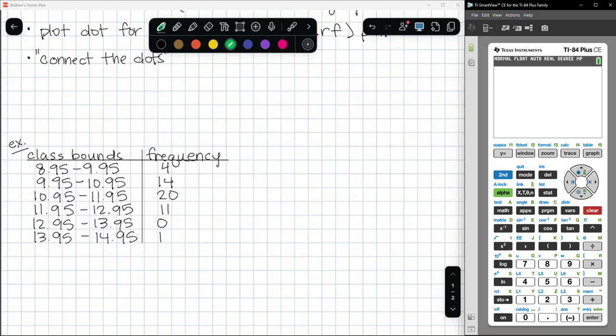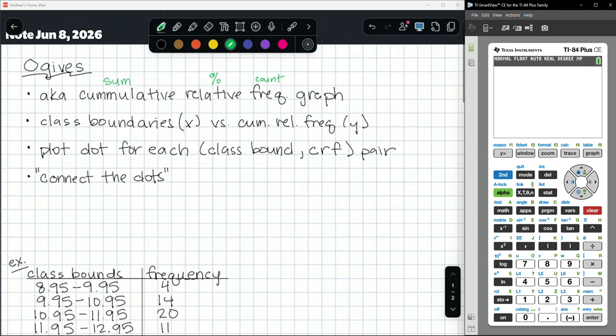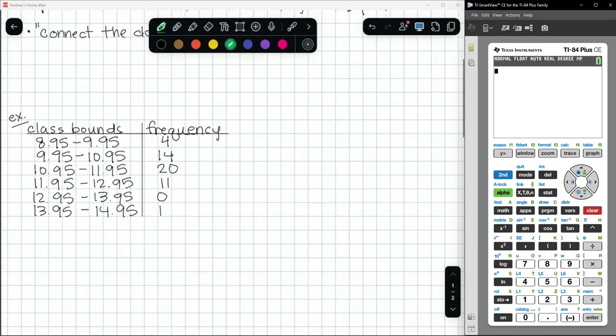All right, so what I'm going to do is I'm going to do two things. First, I know cumulative relative frequency means relative frequency first. I need to take my counts and turn them into a percent. So I'm going to do that in the original table. I know there's 50 people in my sample. I interviewed 50 men, collected their shoe size.